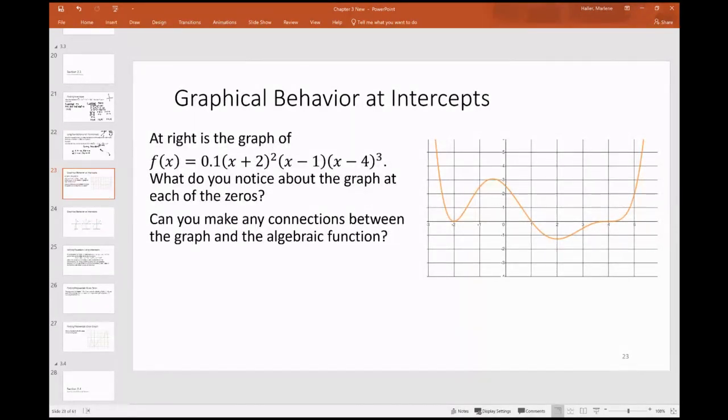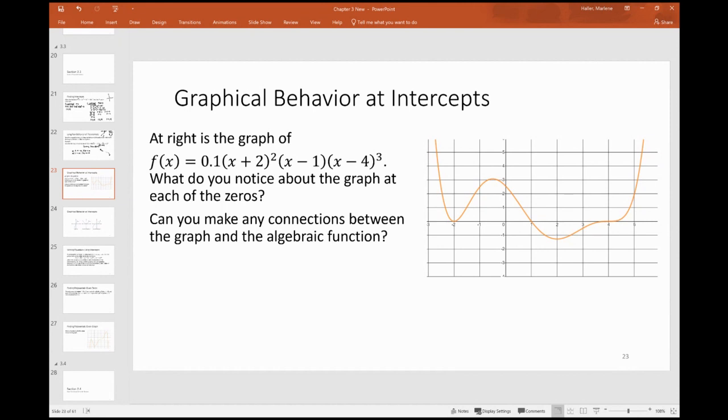So with that review, now let's see if we can move into talking about the behavior of graphs near the intercepts. Okay, we know how to find the intercepts, right? We know about the end behavior. Well, there's an interesting characteristic about the behavior of the graph near the horizontal intercepts as well.